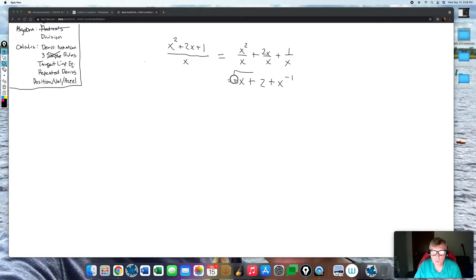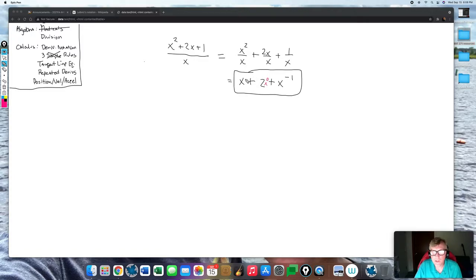So you can write many things with exponents. The first term is x to the 1. When there's a constant, we say that really without even thinking about it: next to that 2, there's an x to the 0.